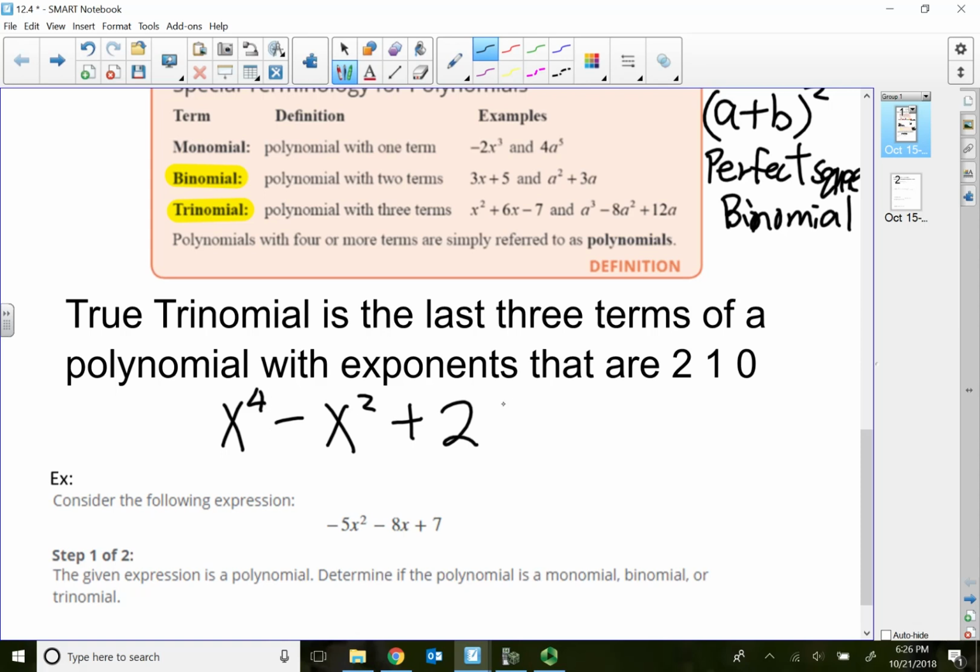You don't see the 0 power because we normally do not write x to the 0 power, since x to the 0 power is still a 1. So multiples of 2, 1, 0 on the exponent is considered a trinomial.